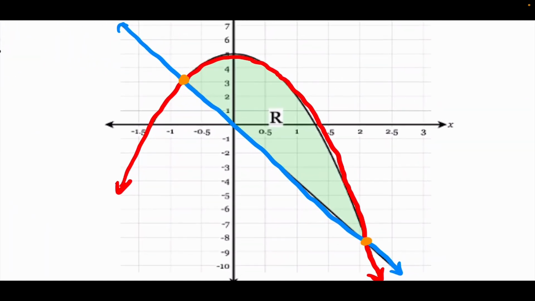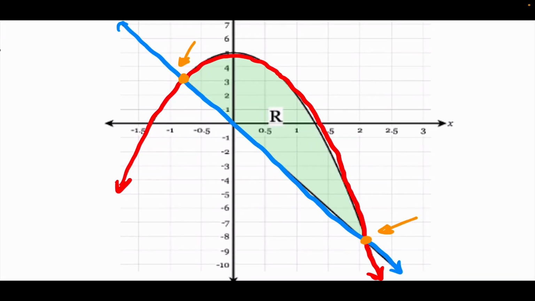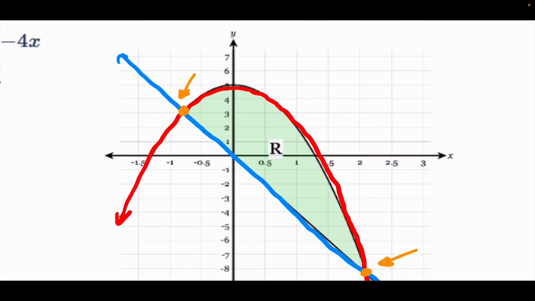I have to figure out where those 2 points are. So how do I do that? We've done this within the last few days. How do I do that? There you go. We've done that, right?